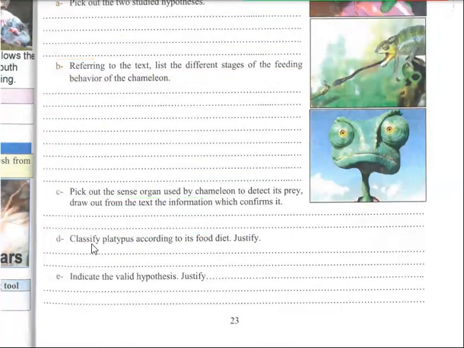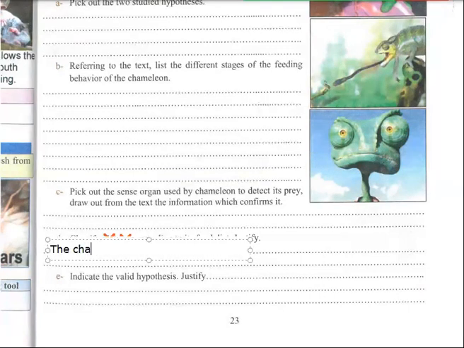Part D, classify the chameleon, not the platypus. Classify the chameleon, so you will need to fix it. We're not talking about the platypus. Classify the chameleon according to its food diet. Classify means we need to justify. So what do you think? Is it a carnivore, a herbivore, or an omnivore?